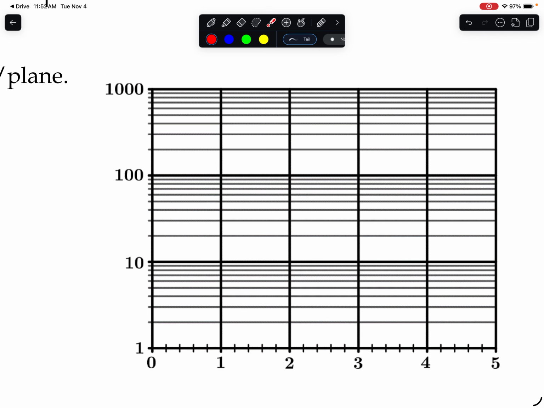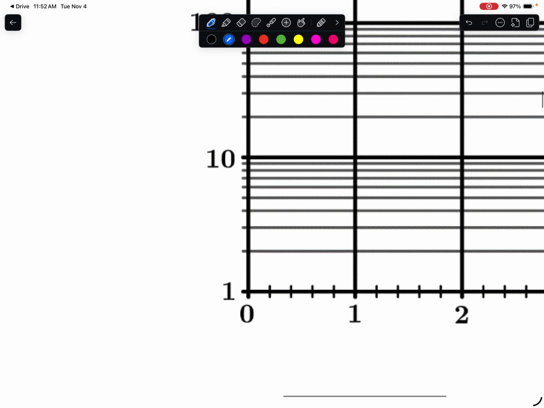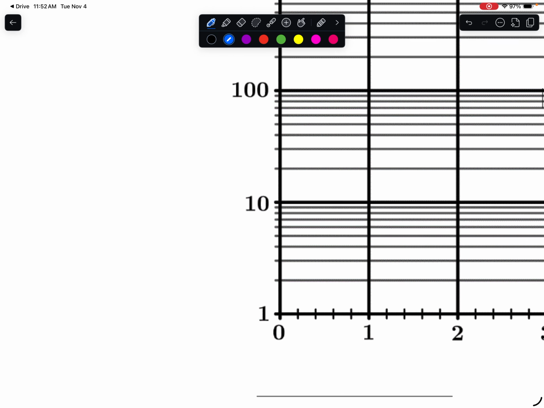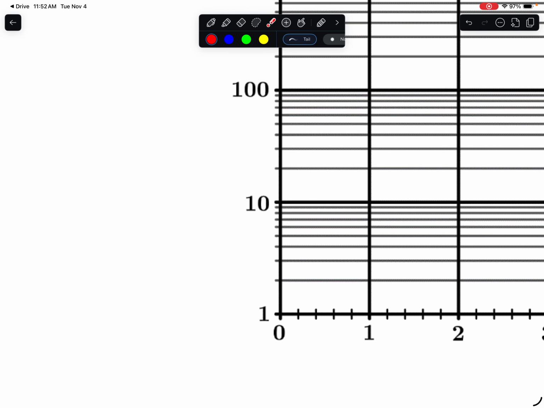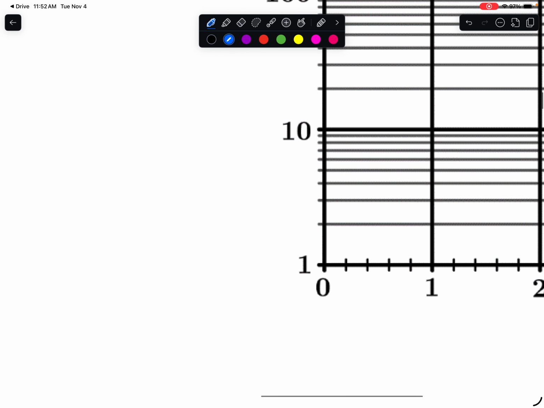To start off by reading a semi-log plot, we're going to look over at the y-axis. As you hopefully can notice, from this first tier over here, we're going from 1 to 10. So we're starting off with 10 to the power of 0, and then we're going up to 10 to the first power.